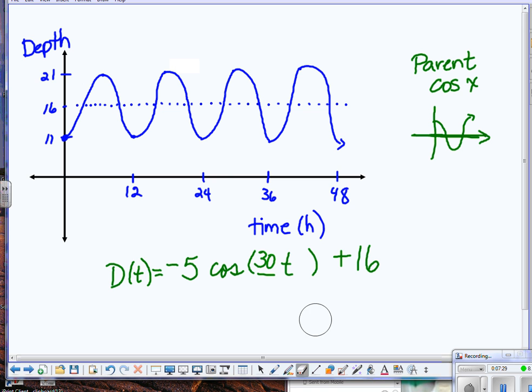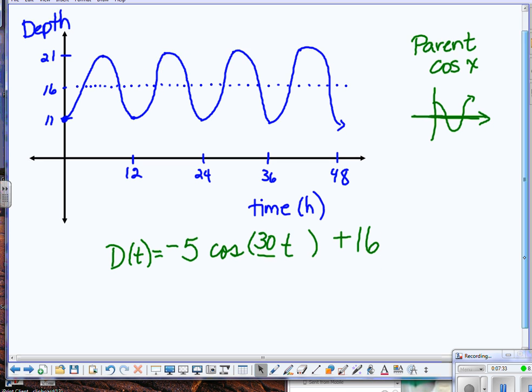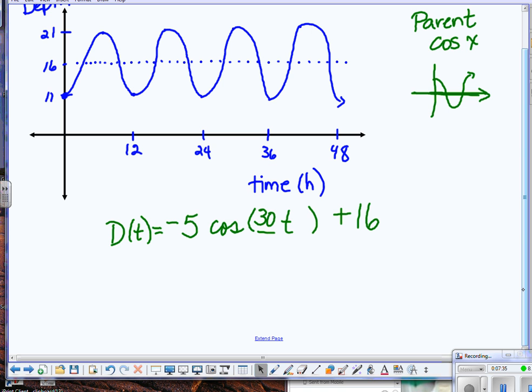There are lots of other possibilities if you saw it differently than I did. For instance, here's another possibility. You liked using cos, but you didn't think of it as cos upside down. So you saw a cos function that starts here from a high back up to a high again, which is a cos function that's been moved over.